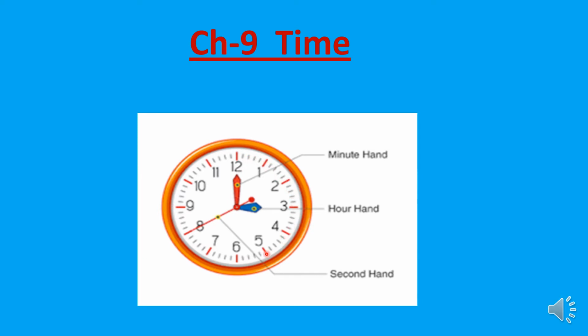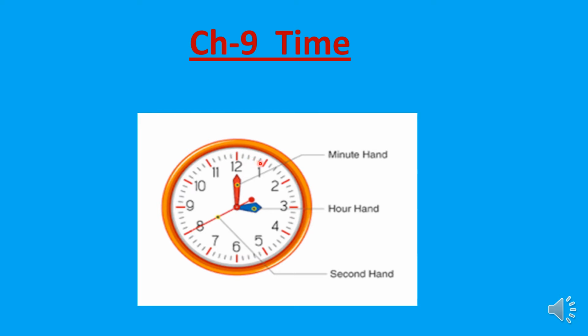The big divisions have 5 small divisions each. See, 1, 2, 3, 4, 5. These are big divisions. Big divisions have small divisions again.